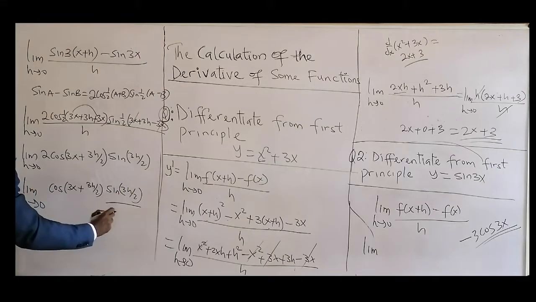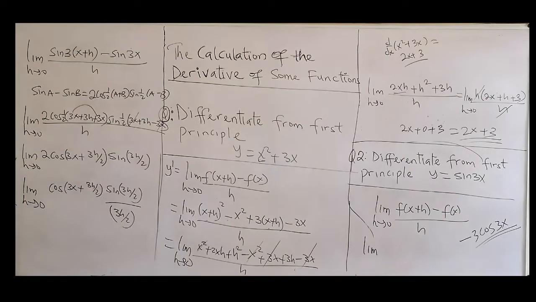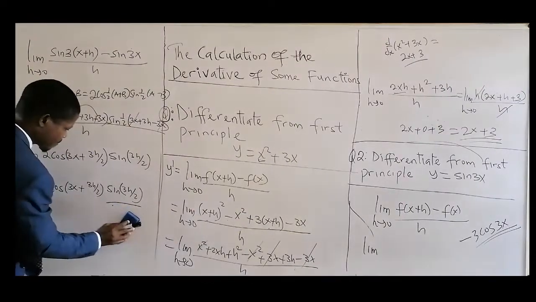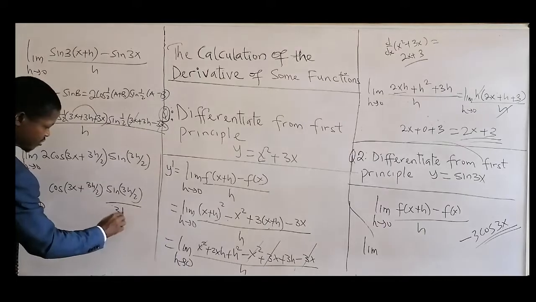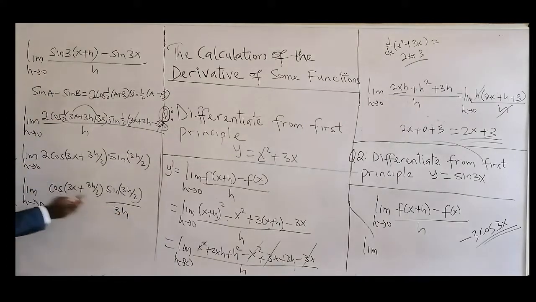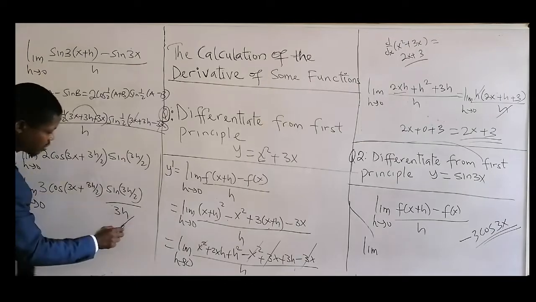Look at something. If I put 3h here now, over 2, then I have to do some adjustments. Don't forget that it's 2 here. This 3 you are putting here, then your 2 will go down.